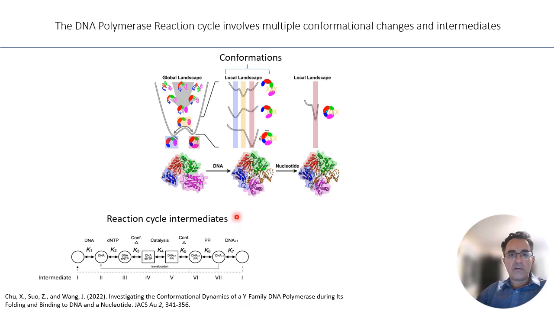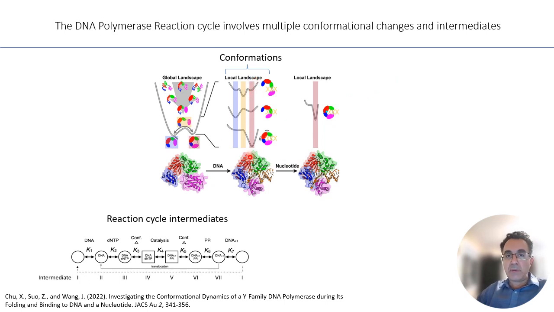As with most highly processive enzymes, in order to carry out the bond making and breaking, the chemistry that I just described, DNA polymerase actually cycles through a number of different conformational states, as we see here. So binding of DNA induces a change in the energy landscape, which favors essentially the population of an intermediate state shown as this yellow state that is not really very highly populated in the unbound form.